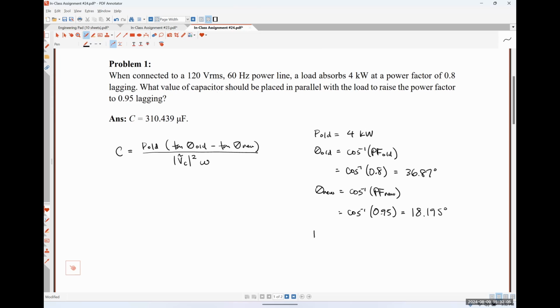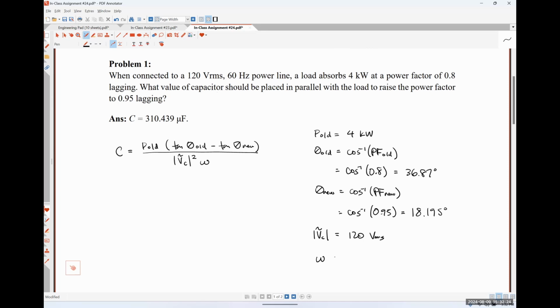Do we know the magnitude of the voltage drop across the capacitor? 120 volts RMS, absolutely.